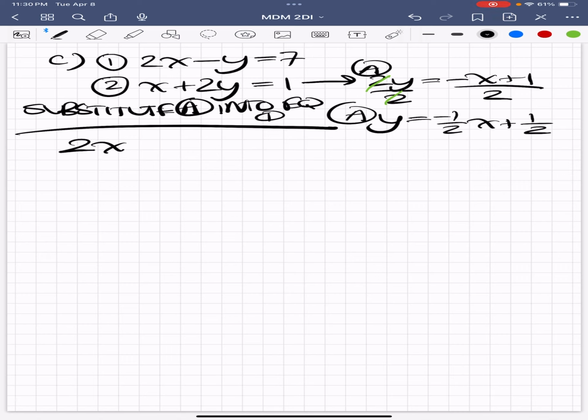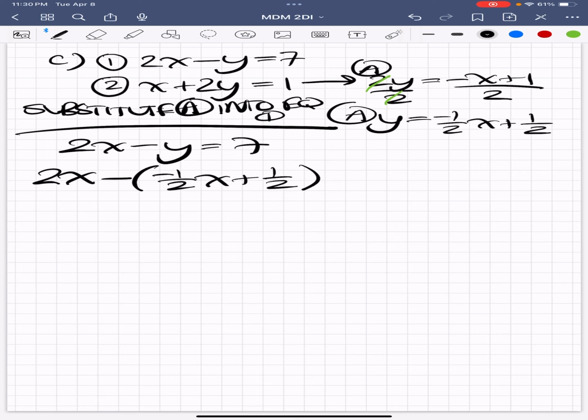So 2x minus y equals 7. 2x minus (negative 1/2 x plus 1/2) equals 7. And then with green, there's a negative 1 in front, so we expand that negative 1 into our bracketed expression.